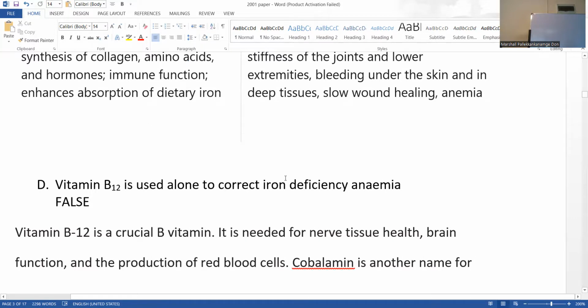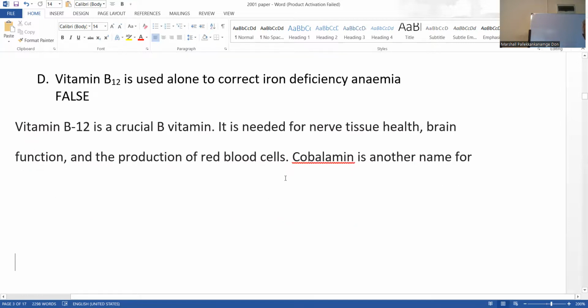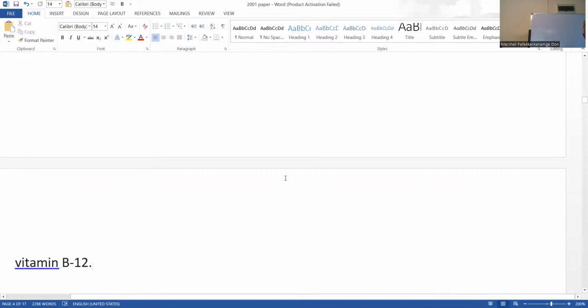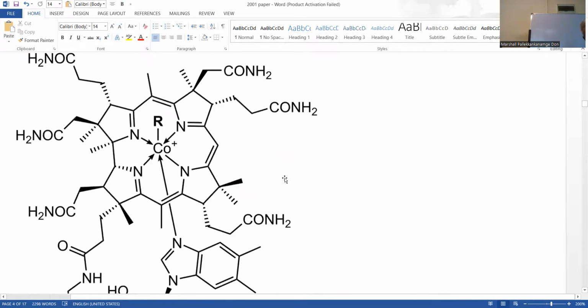D, vitamin B12 is used alone to correct iron deficiency anemia. So if the deficiency is iron, why would you give vitamin B12? That is false. This is a vitamin B12 tablet. Remember, the molecular formula contains cobalt.